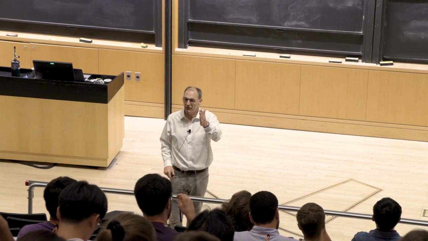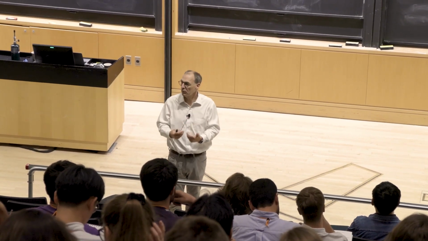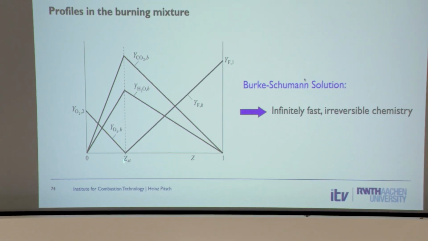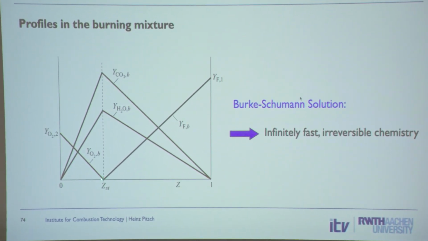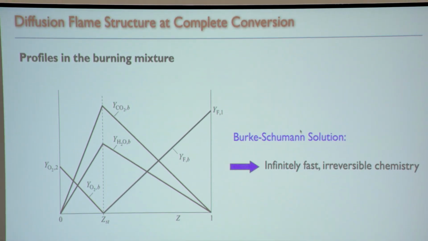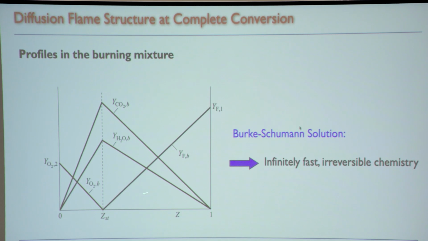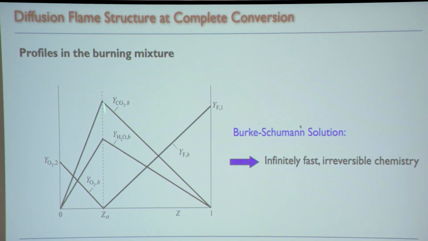Because infinitely fast chemistry means you can never have fuel and oxygen at the same time. It's not possible, because it will react infinitely fast and consume itself. And that's interesting, because if infinitely fast chemistry is correct, it really means there are no reactions here, no reactions there. All reactions happen in a single infinitely thin sheet.